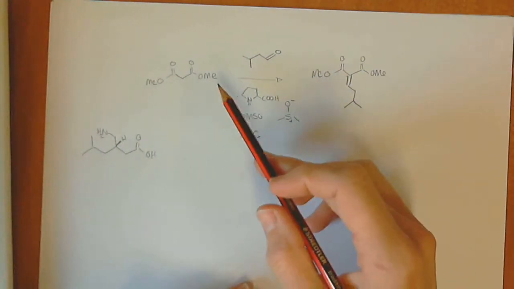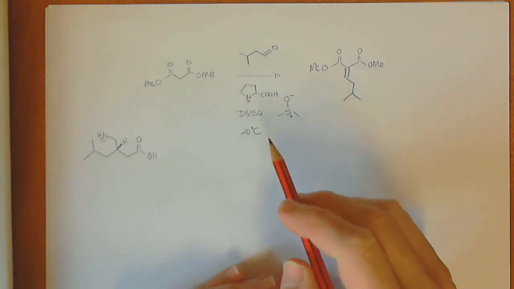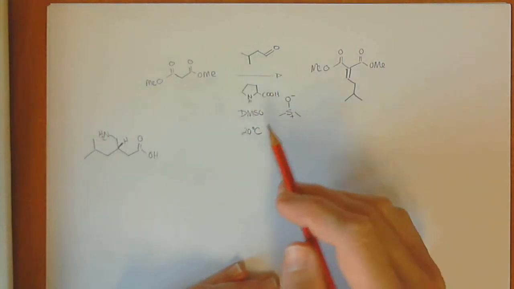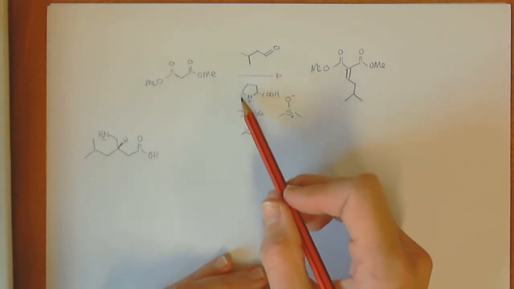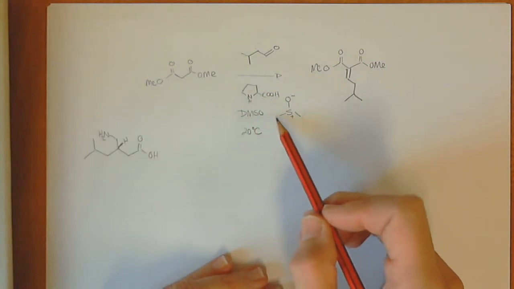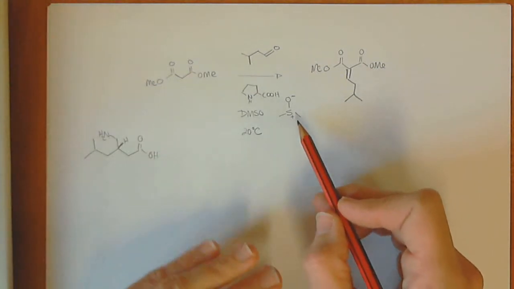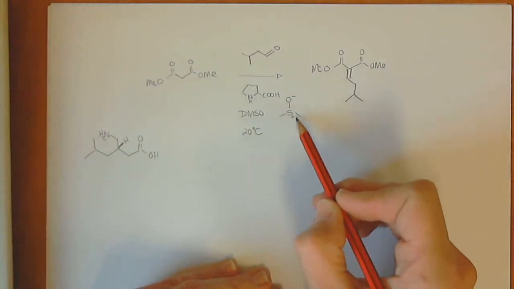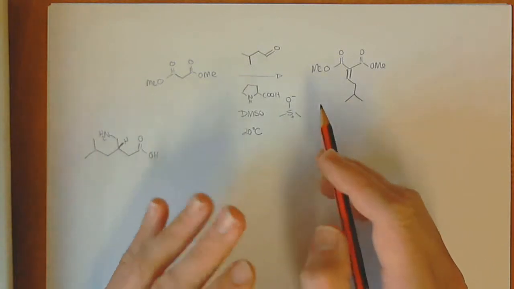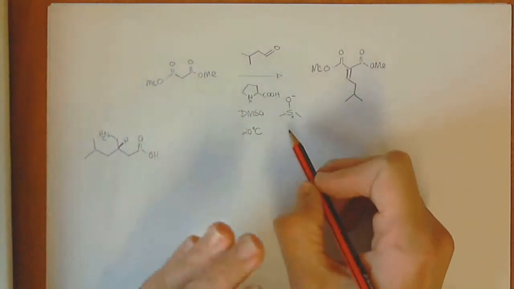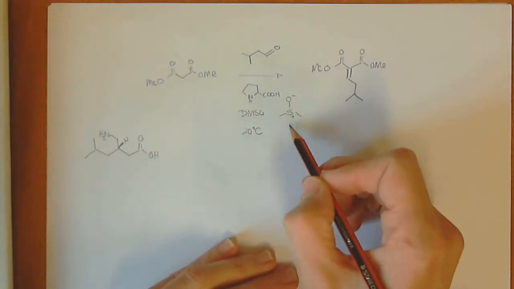I want to just do the mechanism, because if I showed you something like this, all of this stuff here would confuse you. You'd think, whoa, why are we adding an amino acid? The DMSO, you're probably going to think, oh no, what's it doing? Is it a reagent? What's going on? We need to learn DMSO as a solvent. We don't have to think about it in terms of the mechanism.